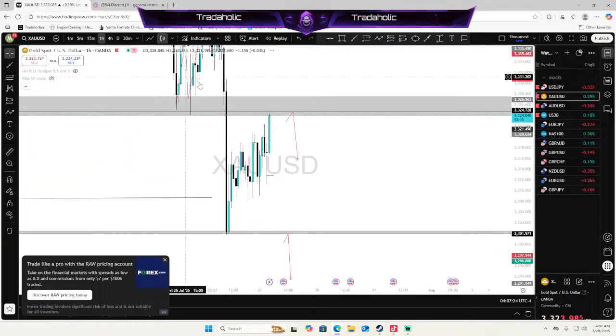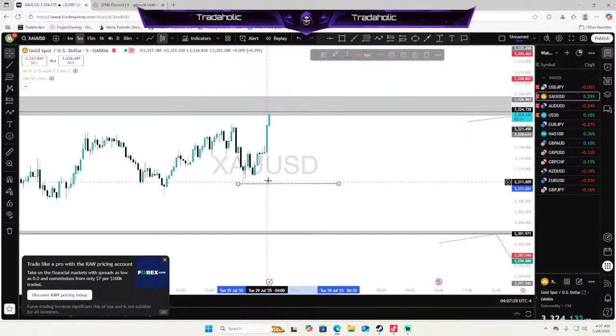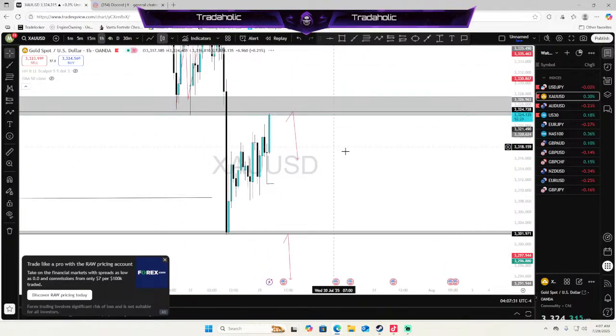So basically have some sales below this low down here. Actually, let's use the whole wick. Okay, we got some sales. Have some sales below here. Let's see what this stop loss looks like, though.